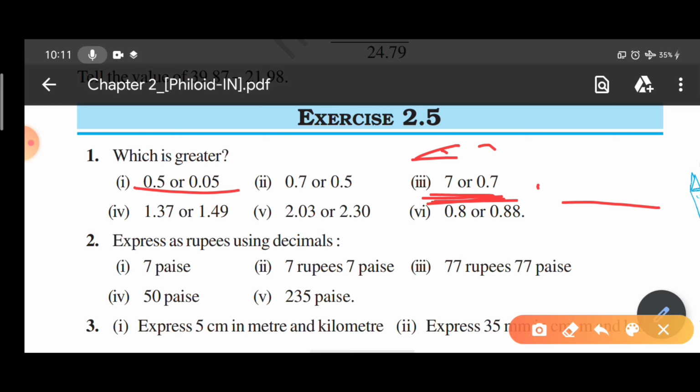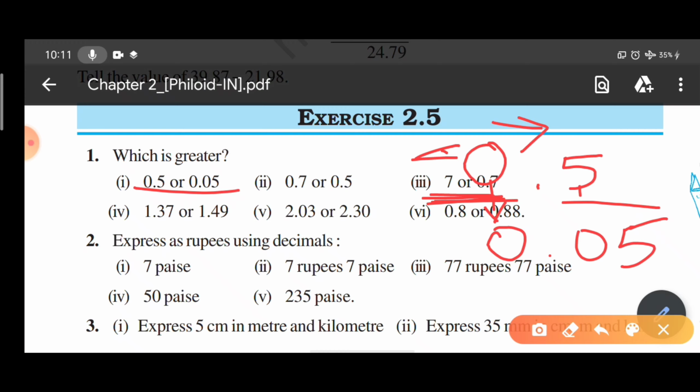Here on the left 0 is written, then here is 0 again, and 0 5 is written here. So this value is the same, so I'll now move on to the right hand side. This value is 5 and this is 0, and 5 is greater than 0, so this value becomes greater for me.